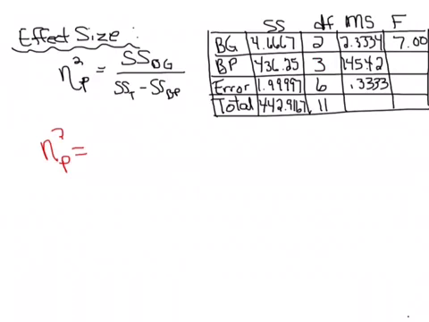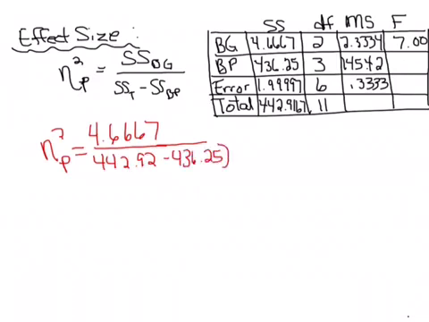So we have 4.6667 divided by 442.92 minus 436.25. You should be getting, I round it to 0.70 as our effect size.